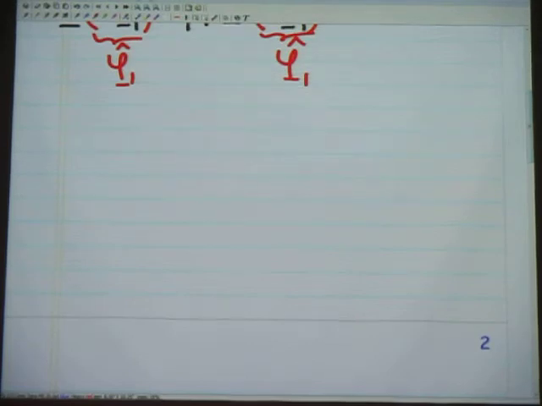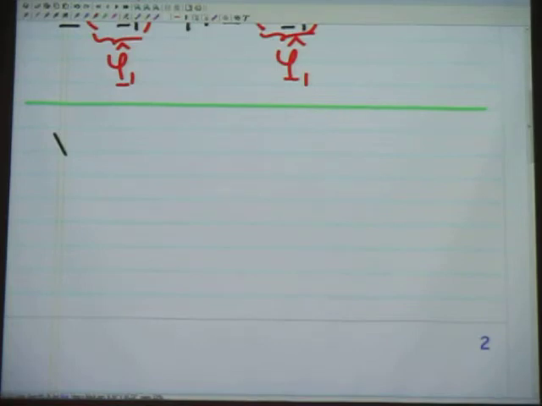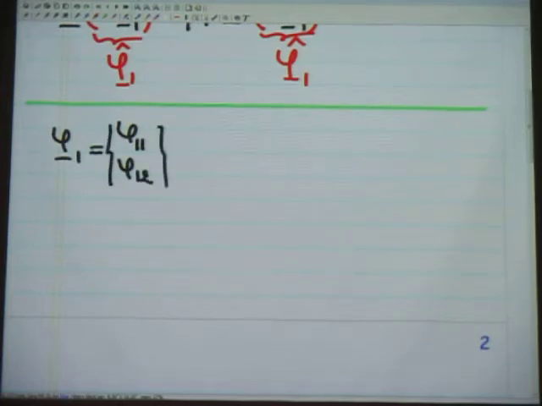What I was saying is, you have phi1, which has phi11 and phi12. All I was saying in the example is to set phi12 equal to -1.